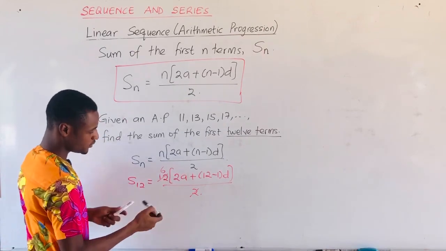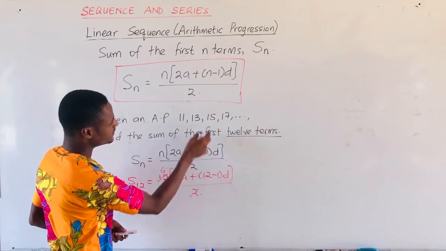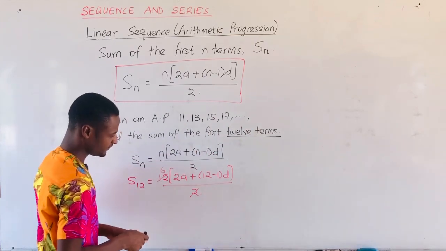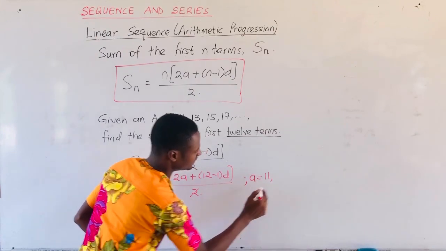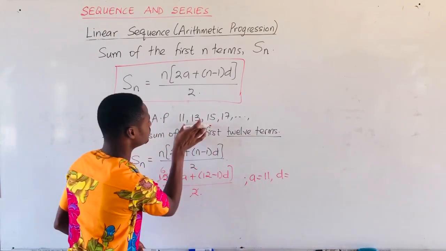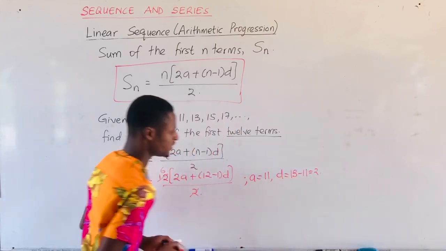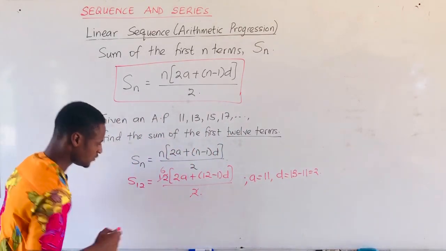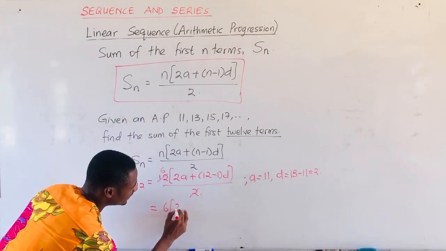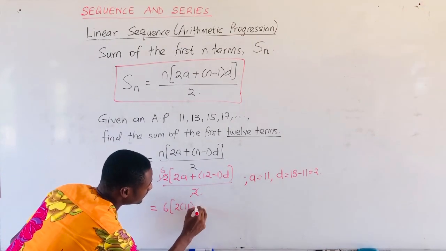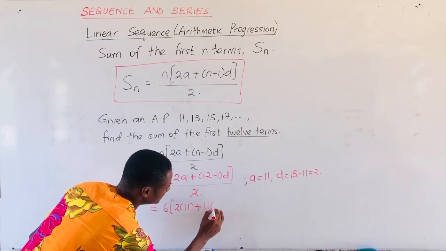Then we already know that a represents our first term and d represents our common difference. So a is equal to 11, then d is equal to the difference between consecutive terms, which will give us 2.